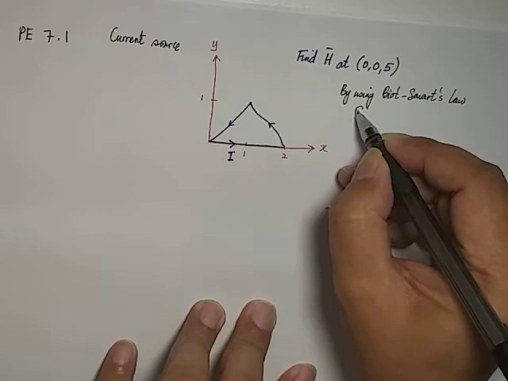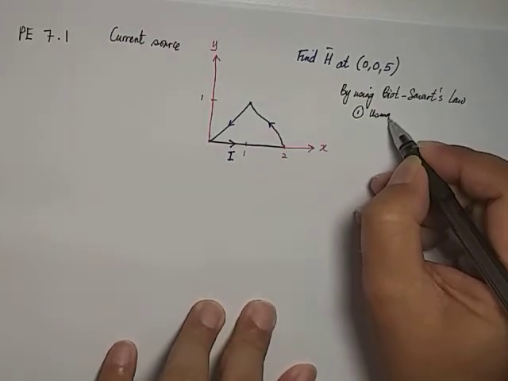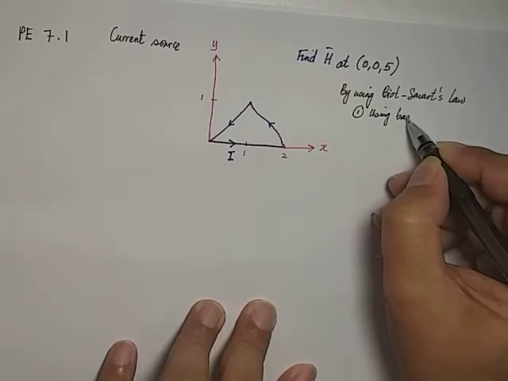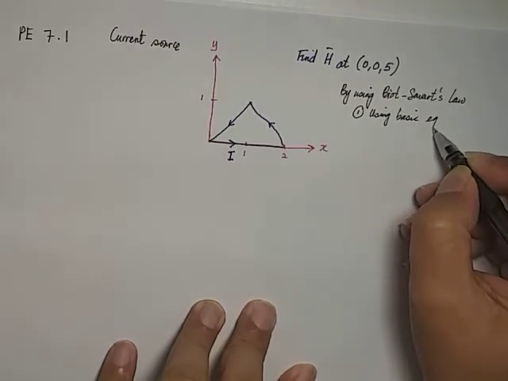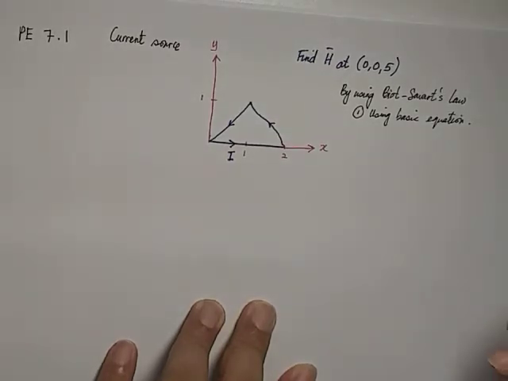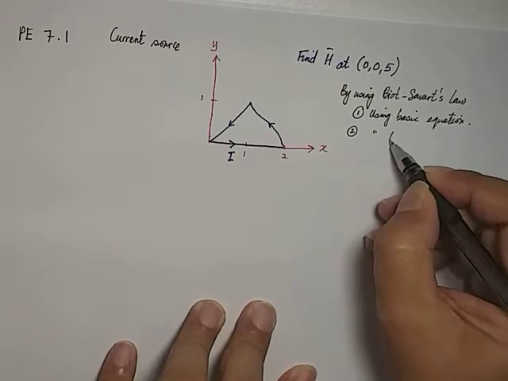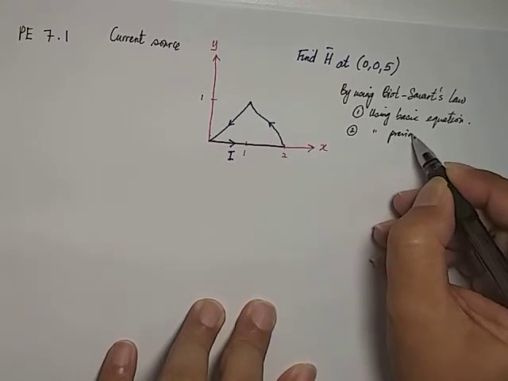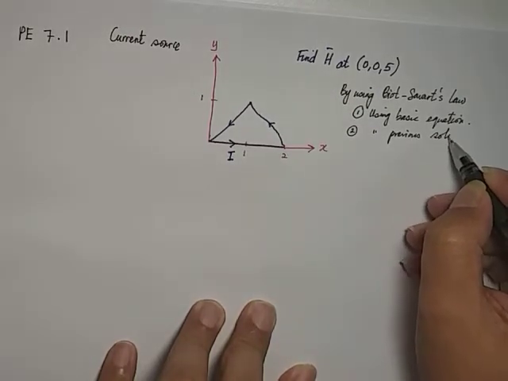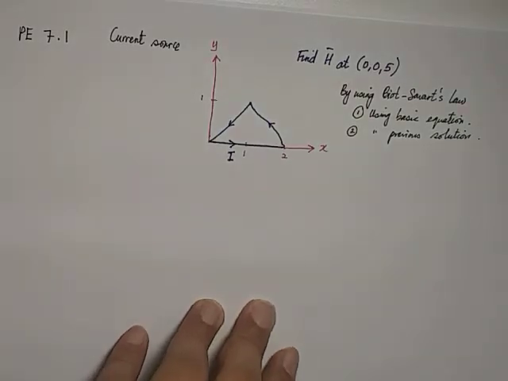First, using the basic method, the basic equation. Second, using previous solutions. Those are the two main methods under the Biot-Savart law category.